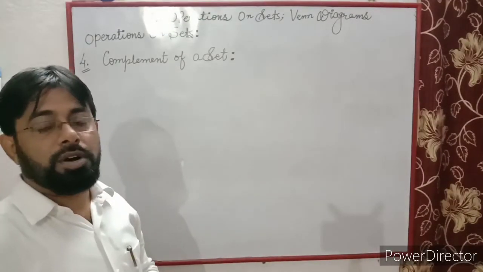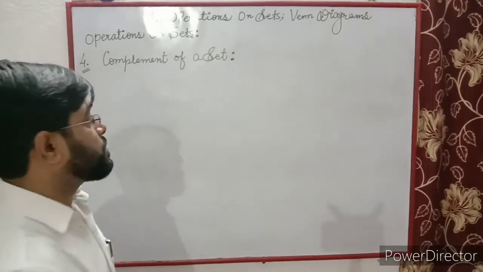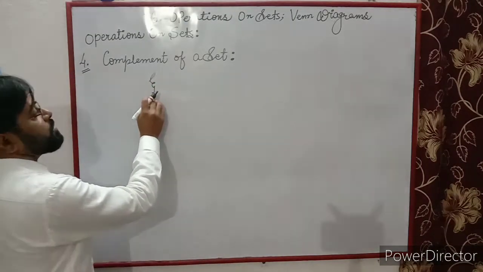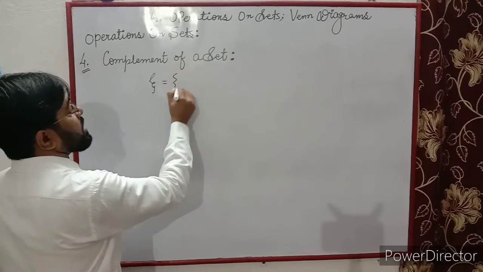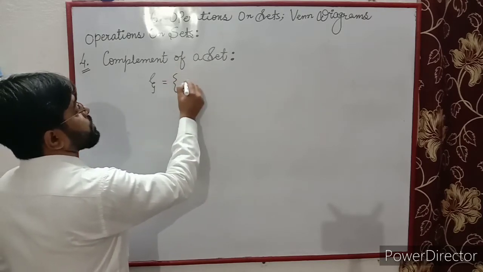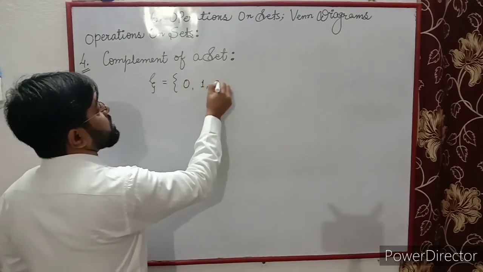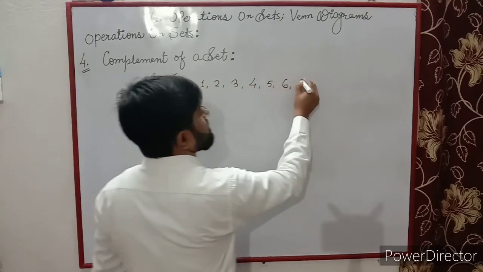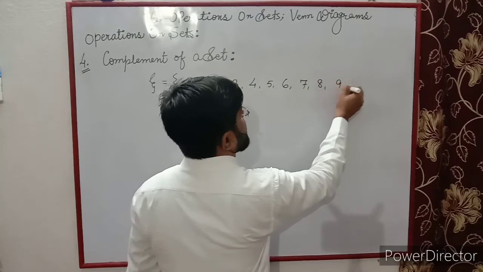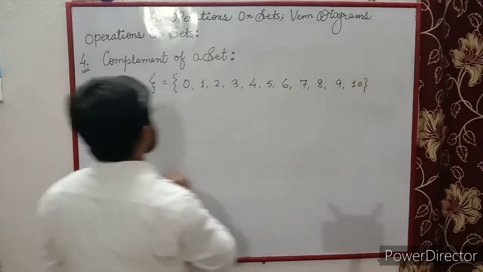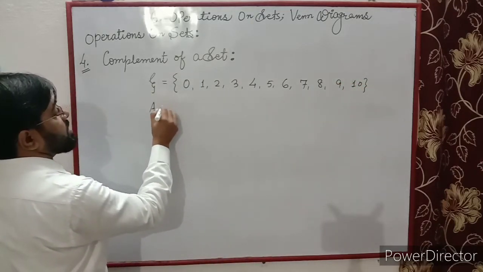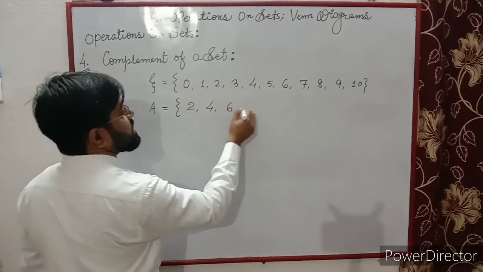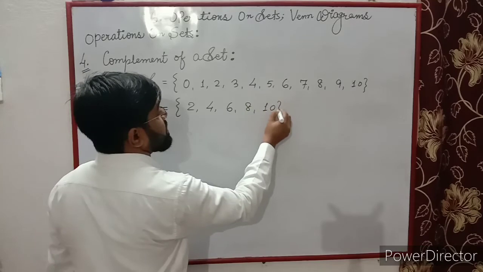Now complement of a set. First of all we have a universal set, which is denoted by this symbol: 0, 1, 2, 3, 4, 5, 6, 7, 8, 9, 10. And A is any set having elements 2, 4, 6, 8, 10.